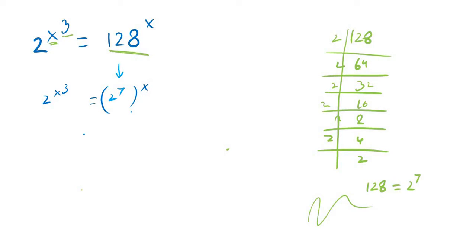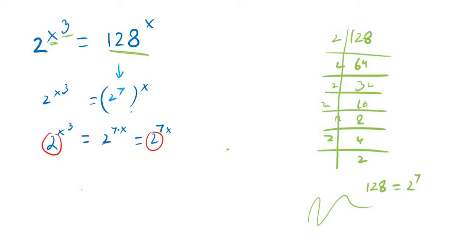Okay, so here if I follow the rules of power, then I can rewrite it as 7 multiplied by x, which is nothing but 2 raised to power 7x, and on this side I had 2 raised to power x raised to power 3. Now if you look at both sides, you will see that both sides have base 2.